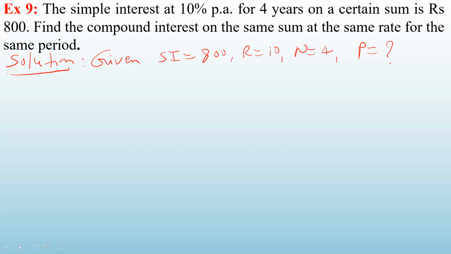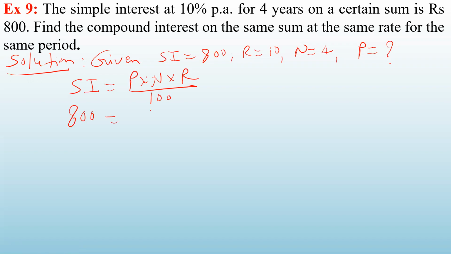Okay. So first of all, we will apply the formula of simple interest, that is P into N into R upon 100. And in this formula, you are given the simple interest as 800, R is given as 10, N is given as 4. So you put the values and find the value of P. So simple interest is given to you as 800.